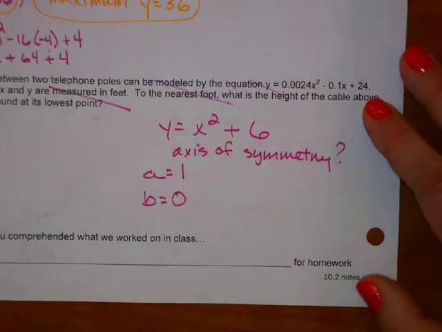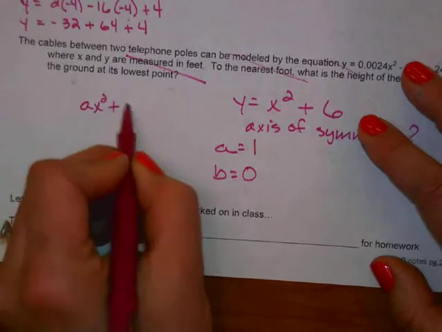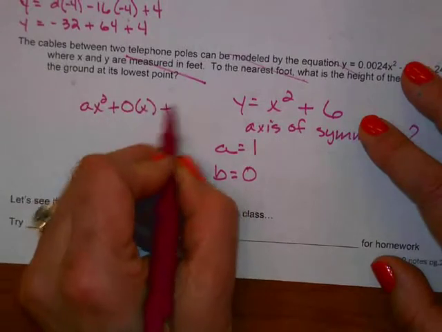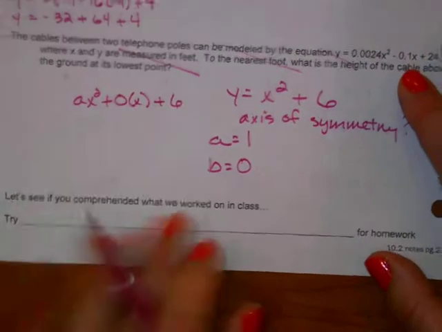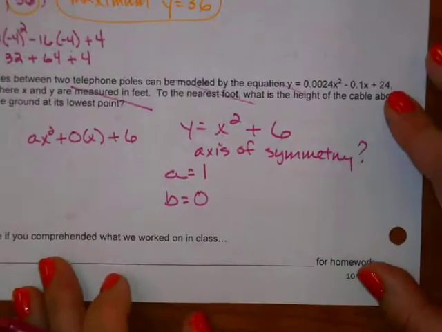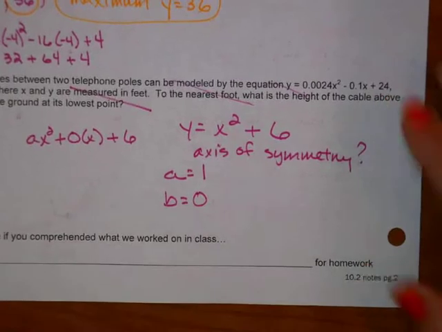B would be 0. Because think of it like this: you have ax squared plus 0 times this middle term plus 6. So that has to be 0. Just wanted to point that out because you're going to see that.